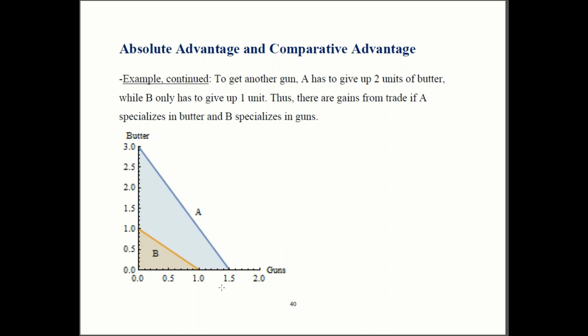Translation: in country A, it costs you 2 butter to get one gun. So if folks in country A normally pay 2 butter for one gun, but in B they sell guns for just 1 butter each, then A can benefit by buying guns from country B. So even though B is less efficient and has worse technology, country A can still benefit from trade.